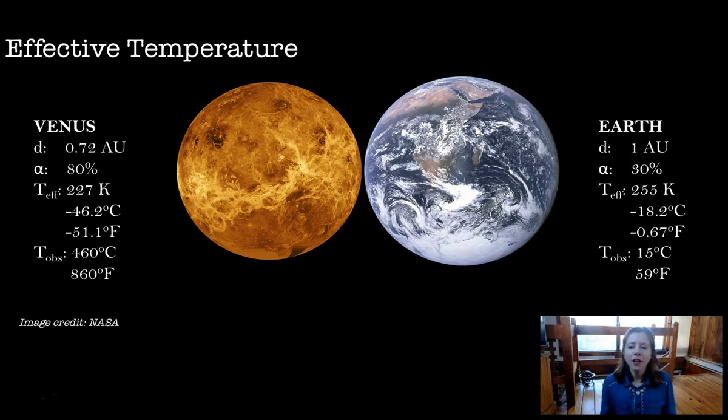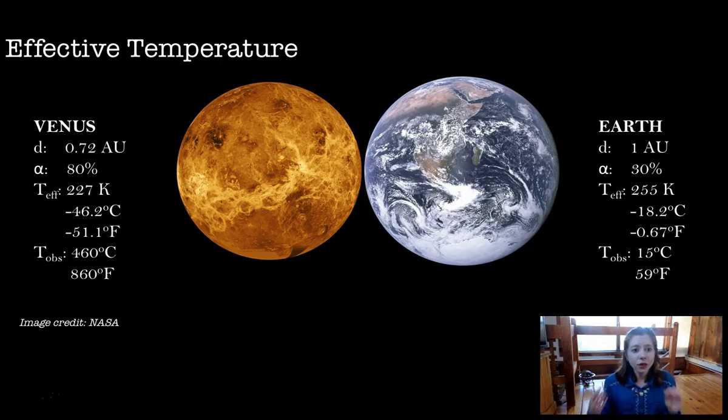Now remember, Kelvin is measured using an absolute temperature scale, whereas 0 Kelvin is absolute zero, the temperature at which all molecules stop moving. So 227 Kelvin is actually pretty chilly because 273.15 Kelvin is actually 0 degrees Celsius, the temperature at which water freezes or starts to melt, however you want to look at it.